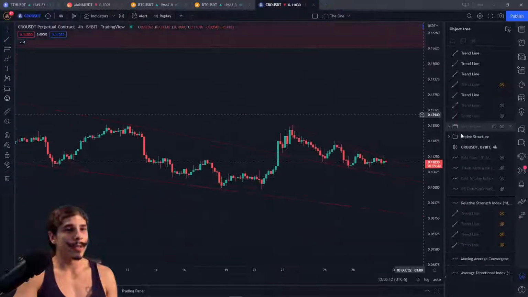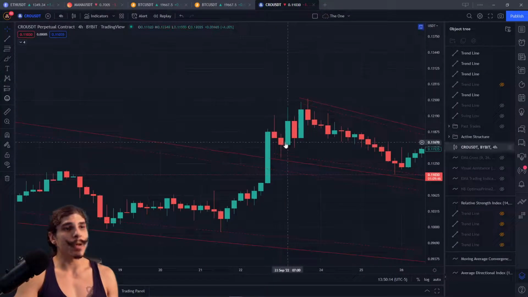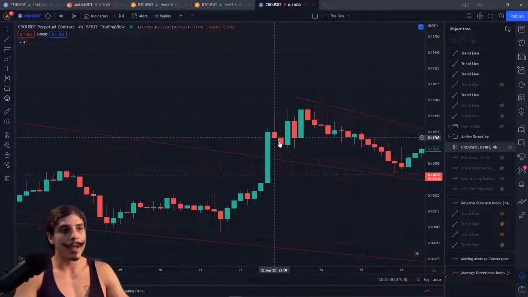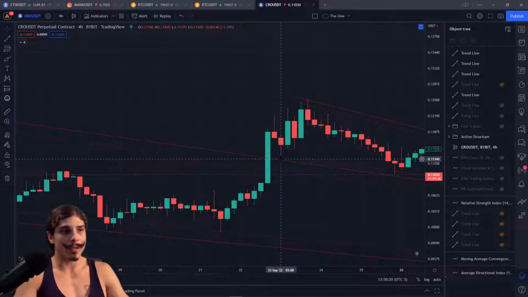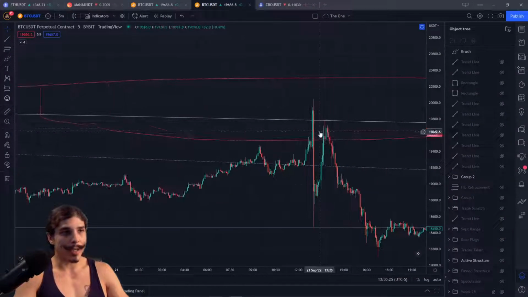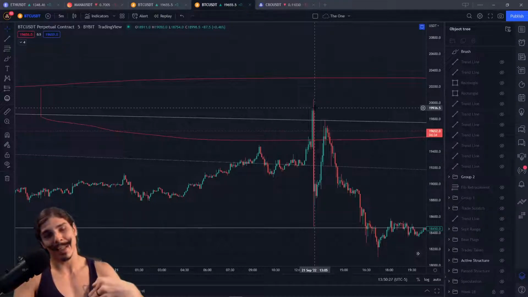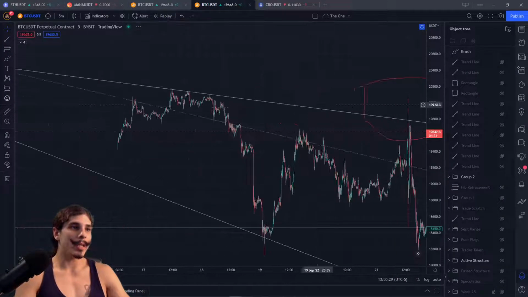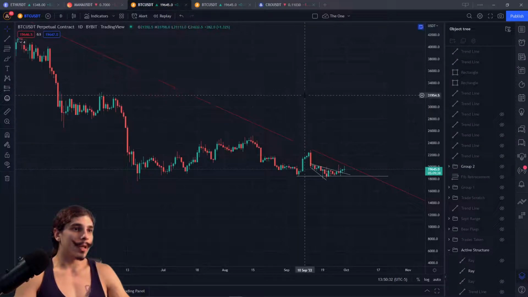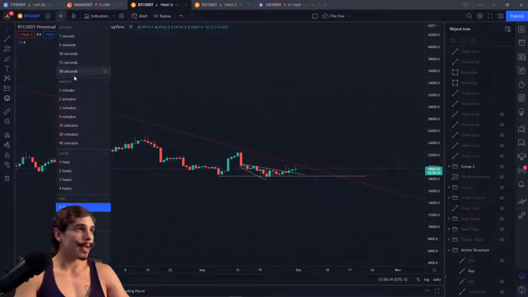Like remember here on the 4H, on smaller time frames we had many candles close above this. On the 4H we had a candle close above right there and then pushed up. So in this particular instance we had a candle push up, but it immediately re-entered.